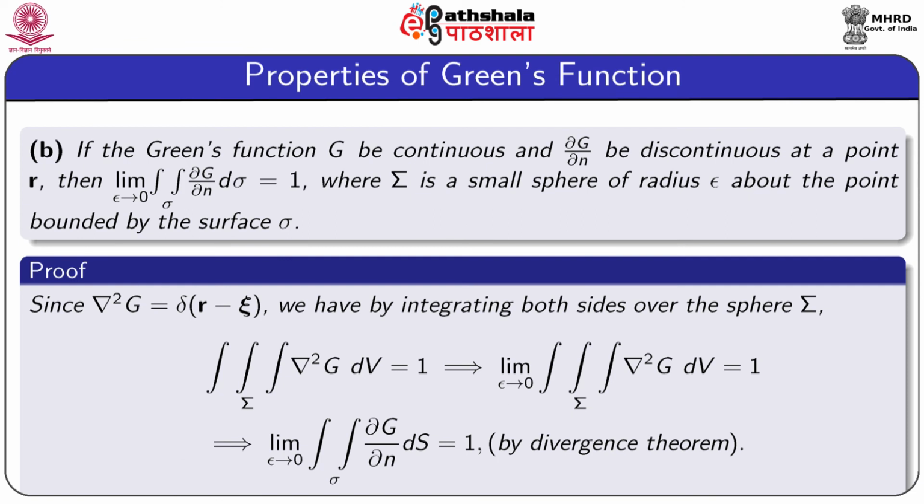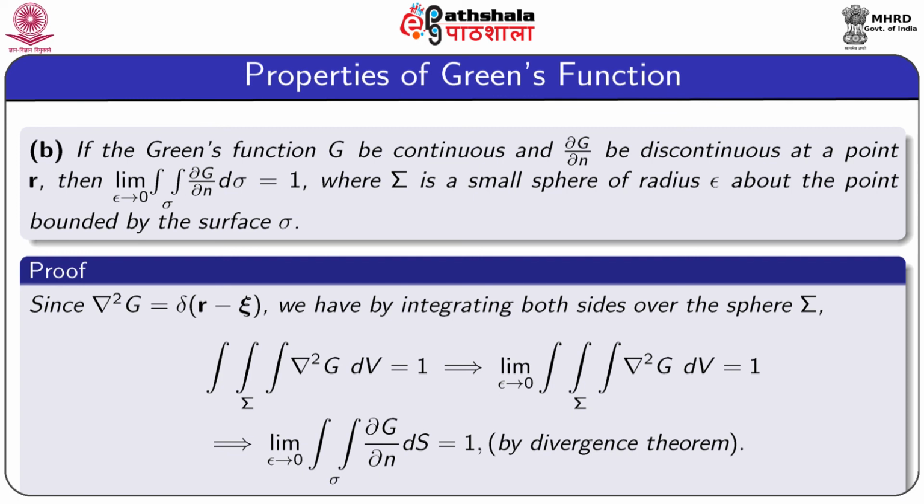Now, I want to discuss another property of Green's function. It is said that if the Green's function G is continuous and its normal derivative del G del n is discontinuous at a point R, then the limit as epsilon tends to 0 of del G del n over the surface sigma is equal to 1.